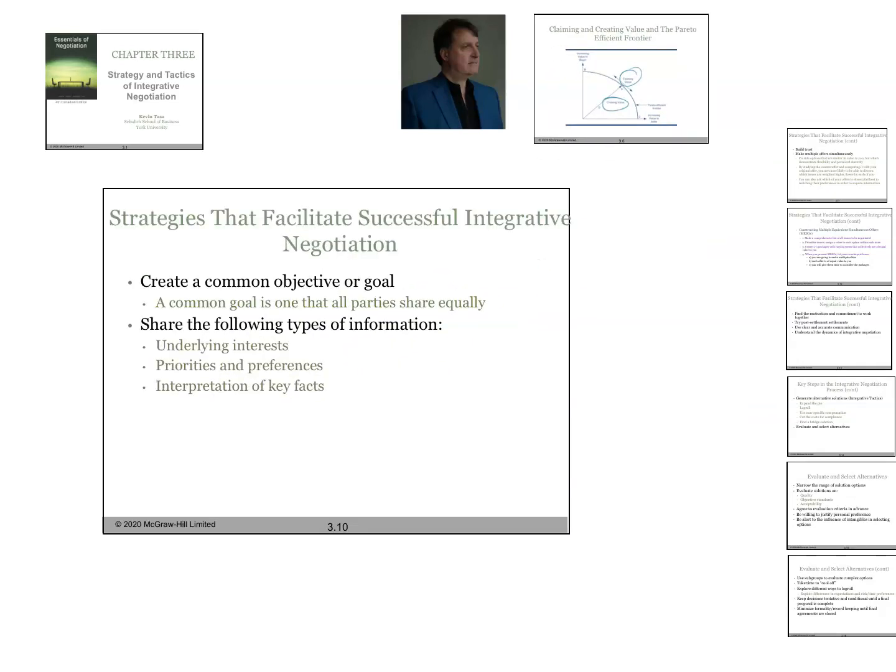With integrative negotiation, there are 7 main strategies. And what we find with integrative negotiation is these strategies are highly complementary. In distributive bargaining, there are really 4 main strategies and 3 that we tend to use more often.